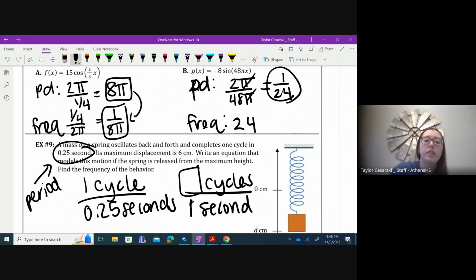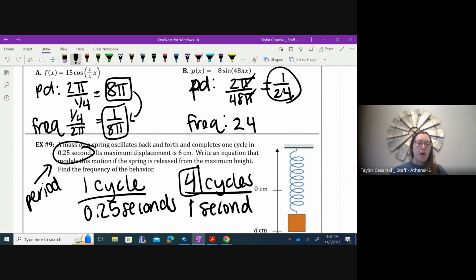And if I flip that, that means I can do 4 cycles per second. Also, just think about it intuitively: if 1 cycle takes 1/4 of a second, how many of those would I be able to complete in 1 second? I'd be able to do 1/4, 2/4, 3/4, 4/4. And so therefore my frequency is 4 cycles per second.